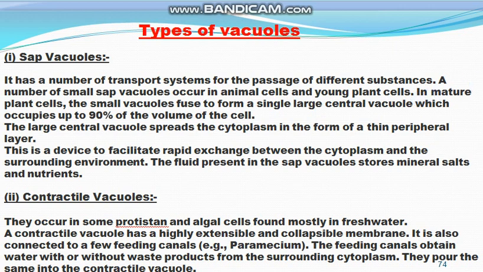which occupies most of the space of the cell in plants. The large central vacuole separates the cytoplasm in the form of a thin peripheral layer.